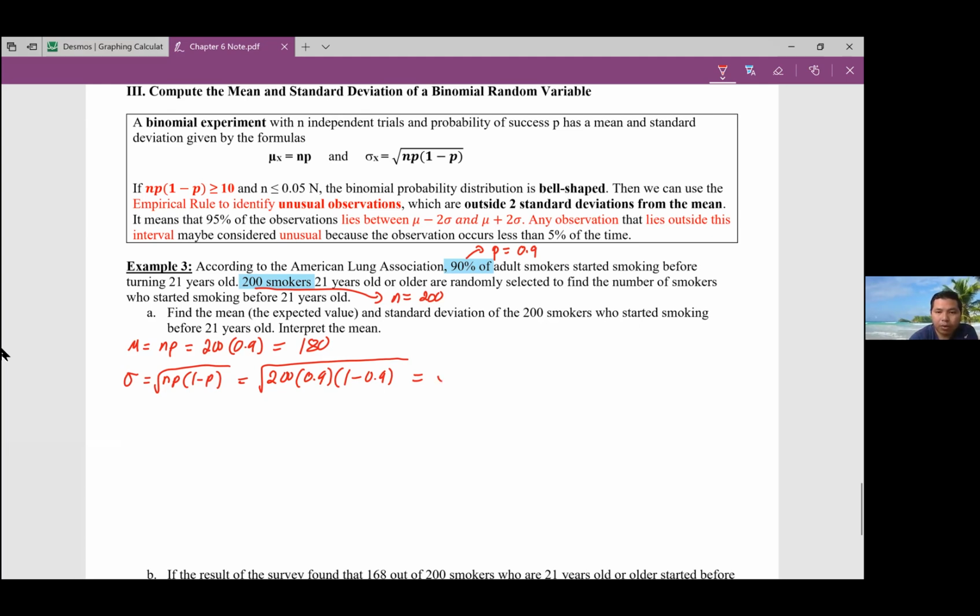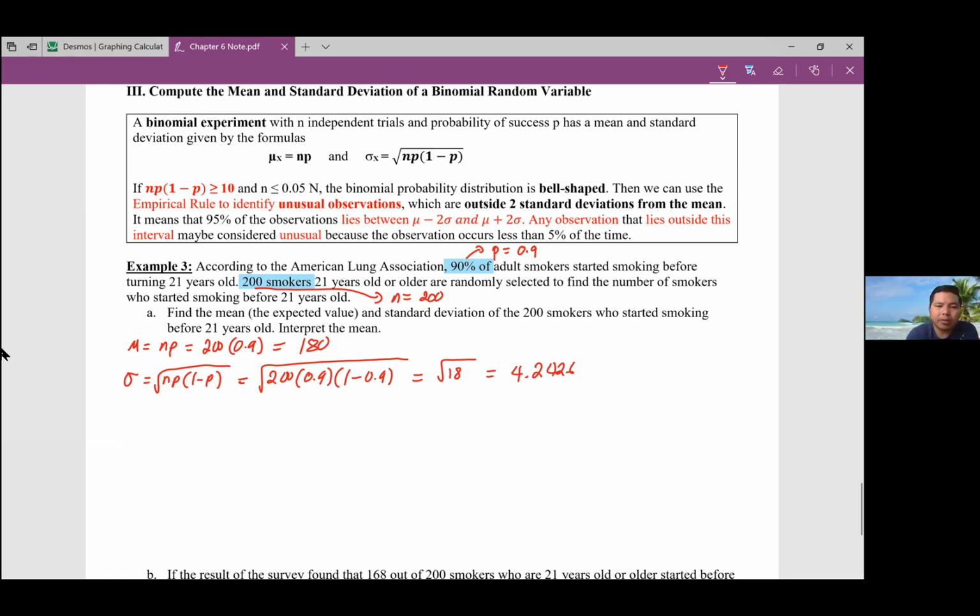So we get square root of 18, and that gives us 4.2426. So that's the mean, and that's the standard deviation. Now, what does that mean?